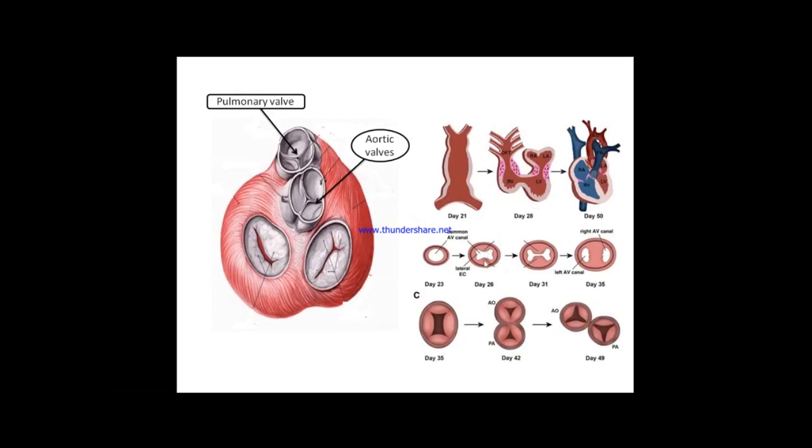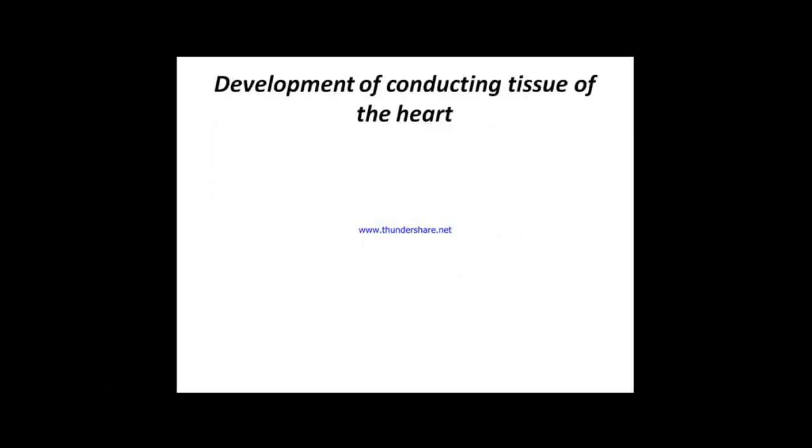These tubercles meet with each other, dividing these openings into pulmonary and aortic. Then another swelling appears opposite to these truncal swellings, one here and another here, thereby forming three valves on either side, which have semilunar shape, forming the semilunar valves.